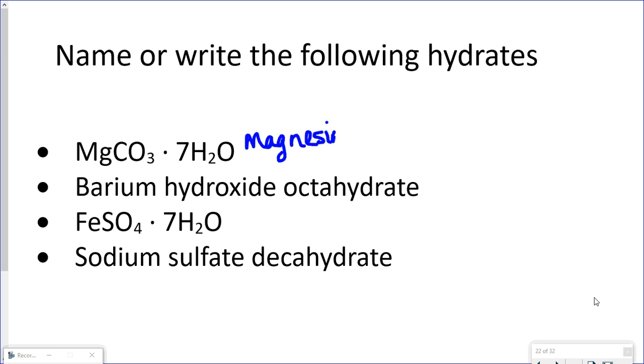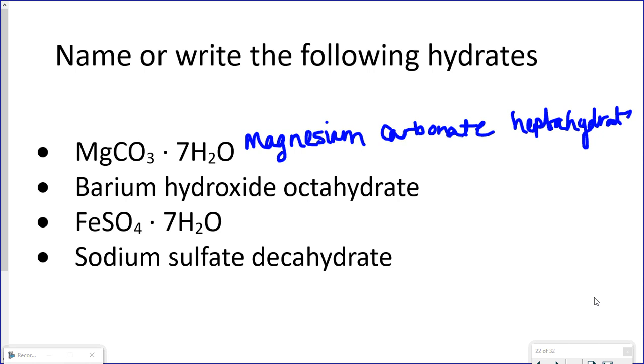CO3, remember, is going to be one of our polyatomics that is carbonate. And then 7H2O, remember 7 is hepta, so this is going to be heptahydrate. Look at our next one.